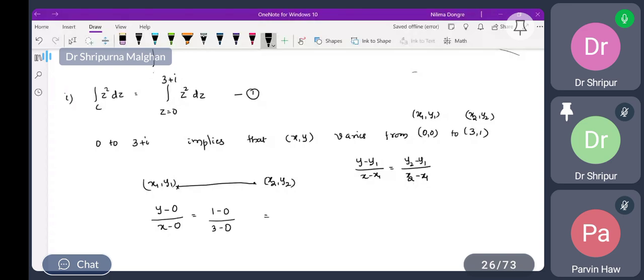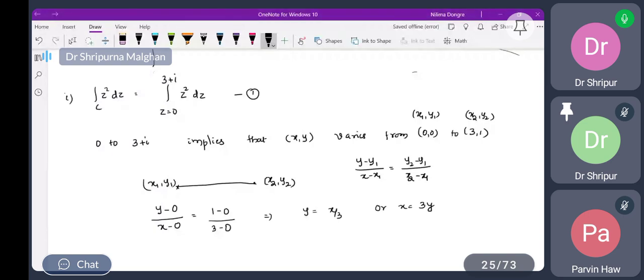Which implies y is equal to x by 3 or x is equal to 3y. So we substitute whichever is easier. Here we substitute x. Wherever x appears we write 3y, and after all the simplification, dx is equal to 3dy, and since x has gone, y varies from 0 to 1.